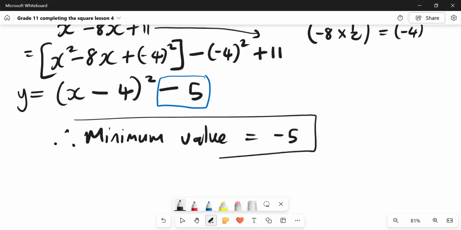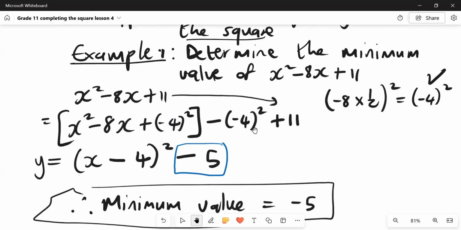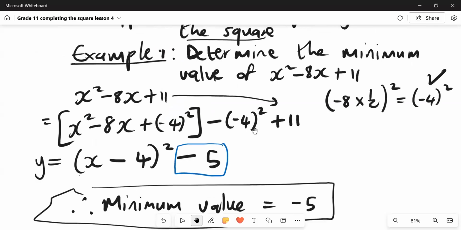And you've answered your question. So this is important, guys, and these kinds of questions are so tricky because they just come to you and say, find the minimum value, and then they give you a quadratic expression. So you have to be able to understand the question and also analyze it.